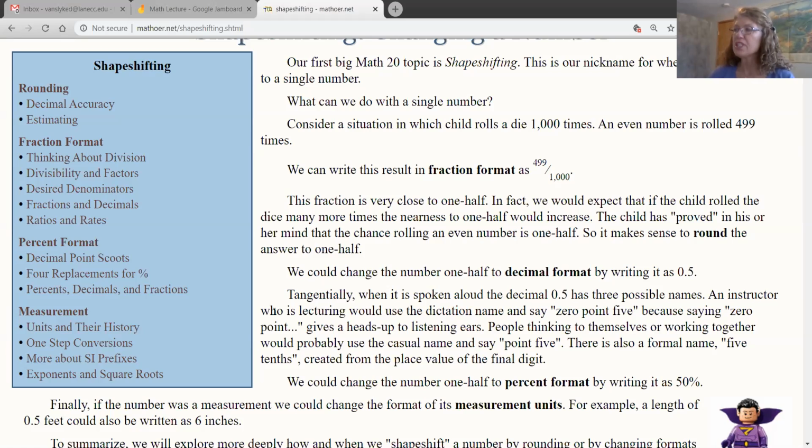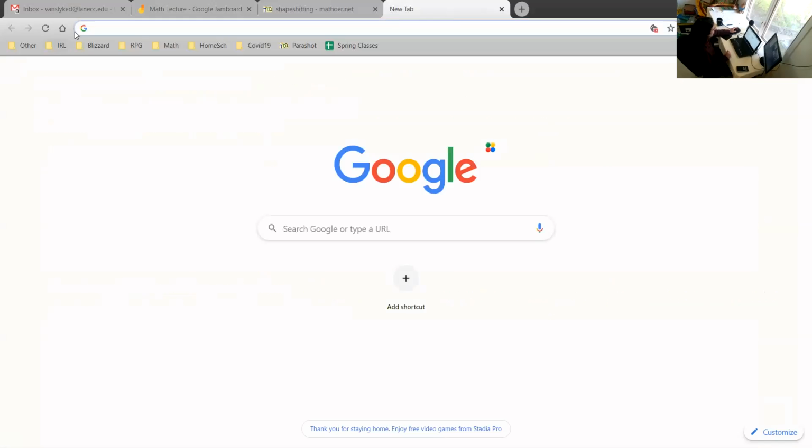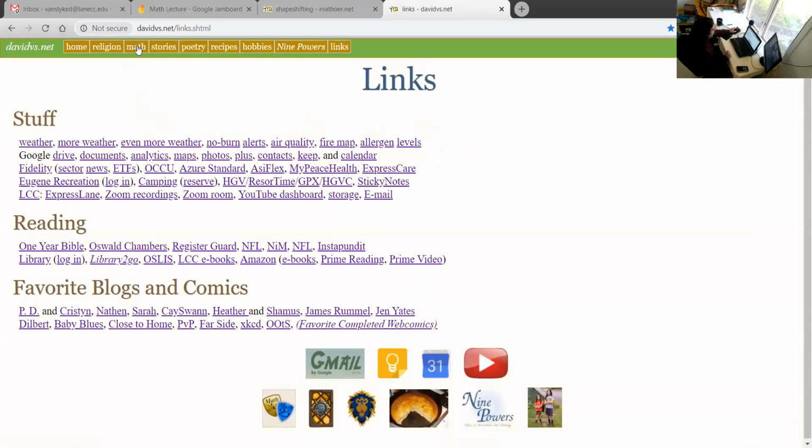I don't have a specific question about the SI prefixes and the exponents and square roots, but can we go over those again just briefly? Sure. Can we go over them by doing some homework? Let me just make some random homework.